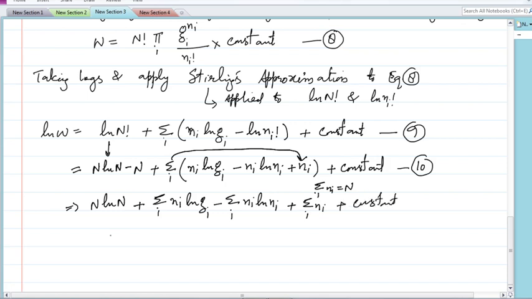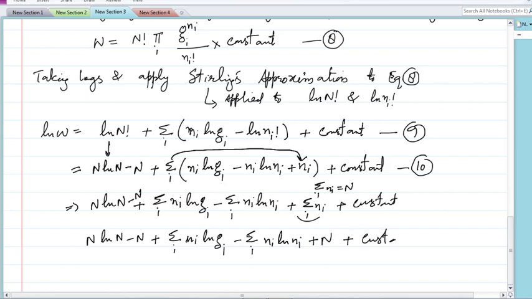Now it can also be written as n ln of n minus n plus summation i ni ln of gi minus summation i ni ln of ni. So in place of this term I will write simply plus n plus constant.